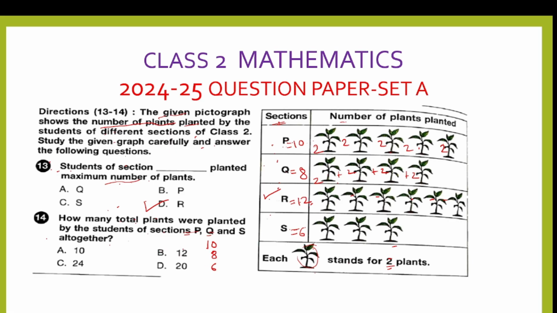Now we have to find the total plants. That means we have to do the addition of these three sections. So 8 plus 6 is 14. So 1 carry over. So 1 plus 1 is 2. That means altogether there are 24 plants planted by the sections P, Q and S. So the answer for this question is option C.